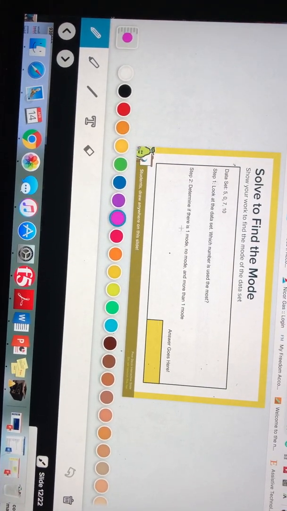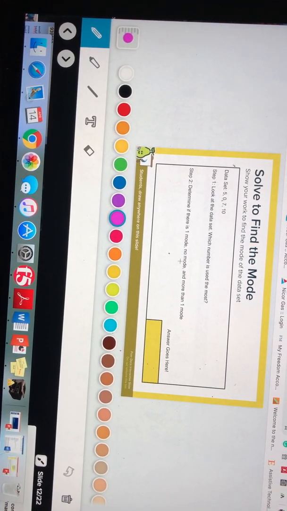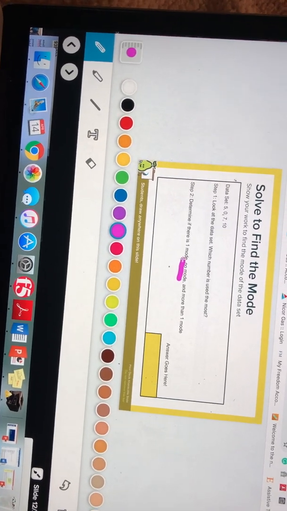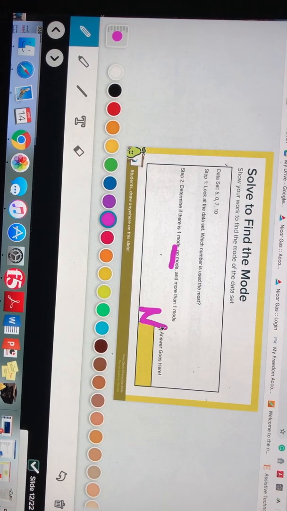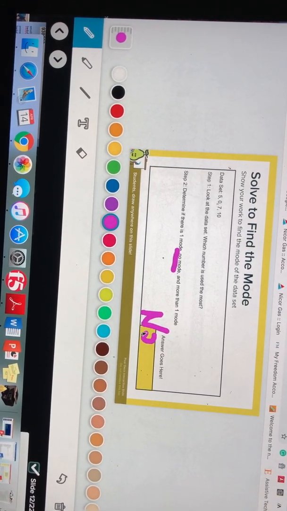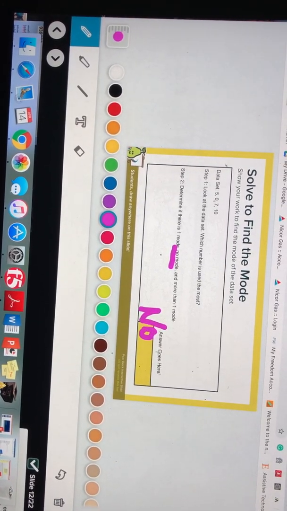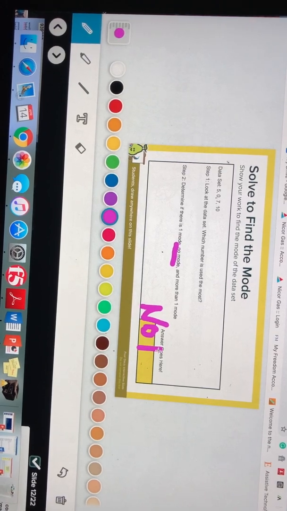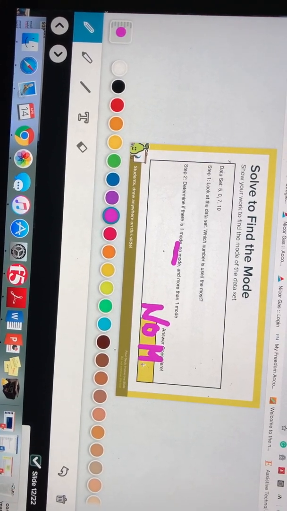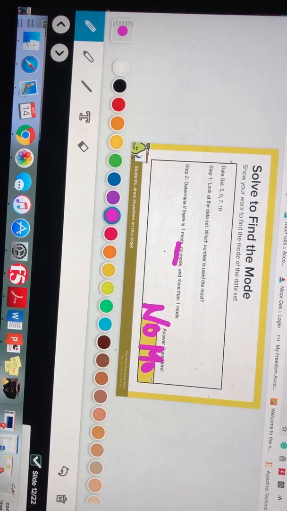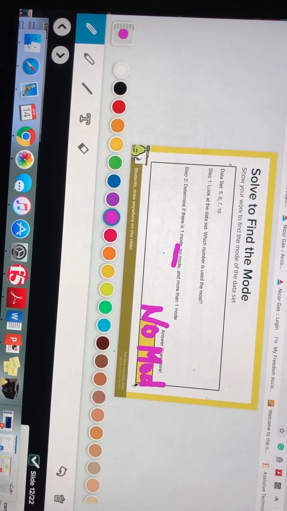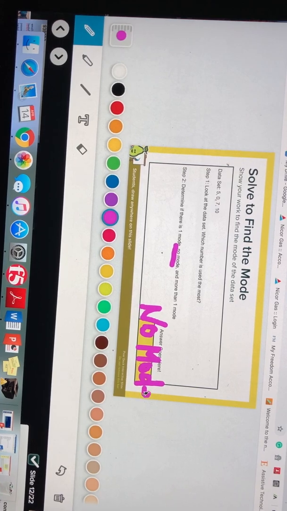So we need to determine if there's one mode, no mode, or more than one mode. There is no mode. Our answer is no mode. Our answer is not 0. Okay, it's no mode. Apologize for my handwriting. No mode.